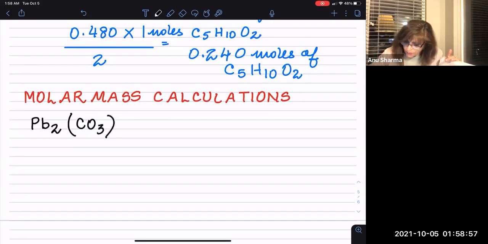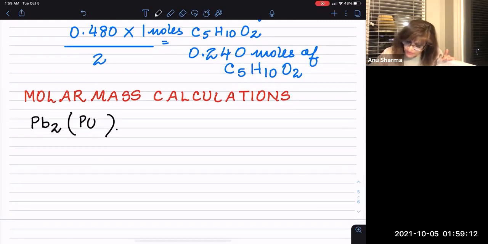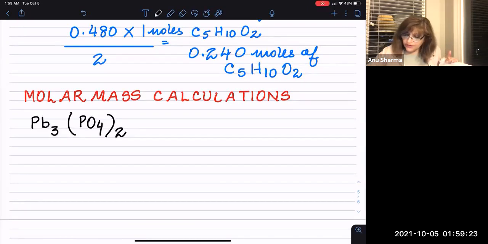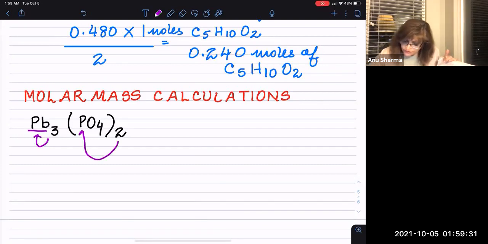Pb3(PO4)2, this is 3, and this is 2. Okay, so this means that this 3 applies to lead, this 2 applies to phosphorus, and this 2 applies to oxygen.